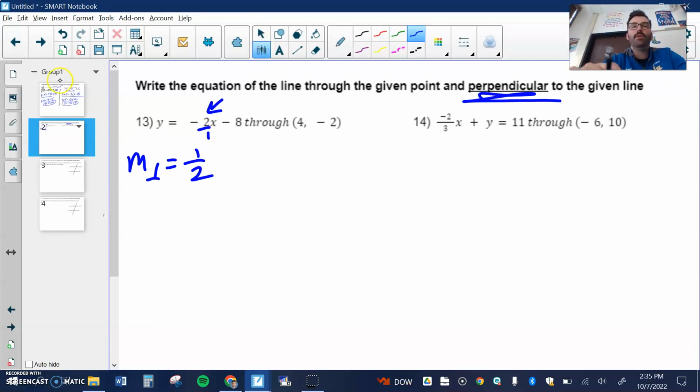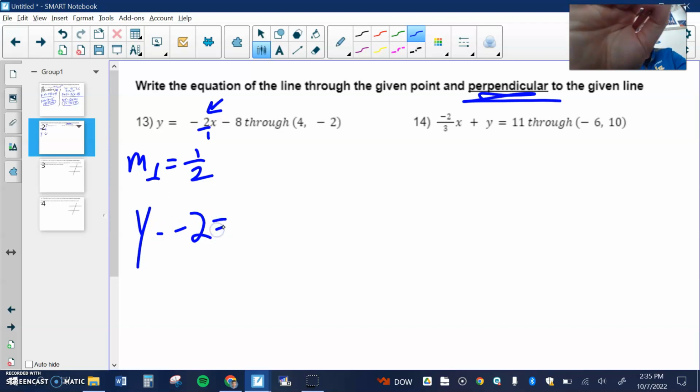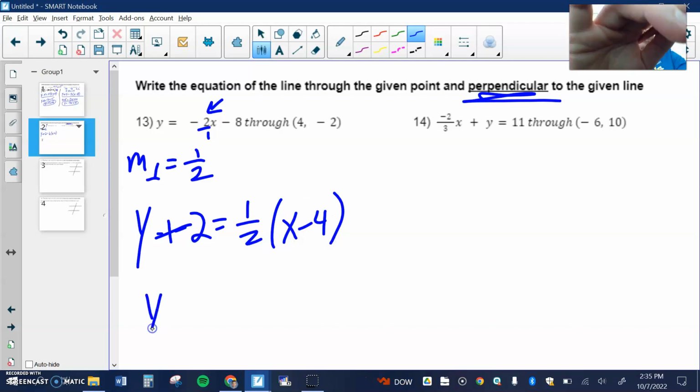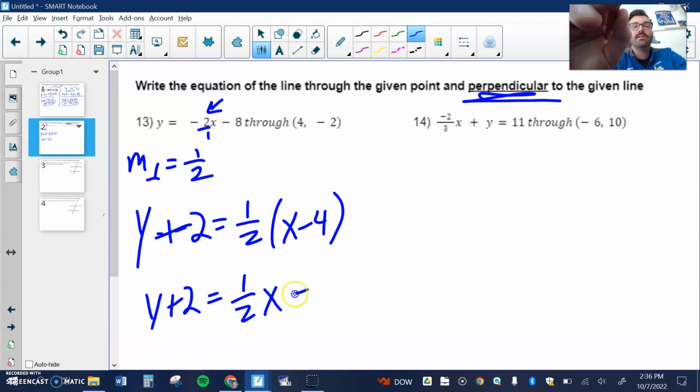I want to go through the point 4 comma negative 2. y minus negative 2 equals positive 1/2 times x minus 4. I can distribute the 1/2. y plus 2 equals 1/2 x minus 2. Subtract 2.